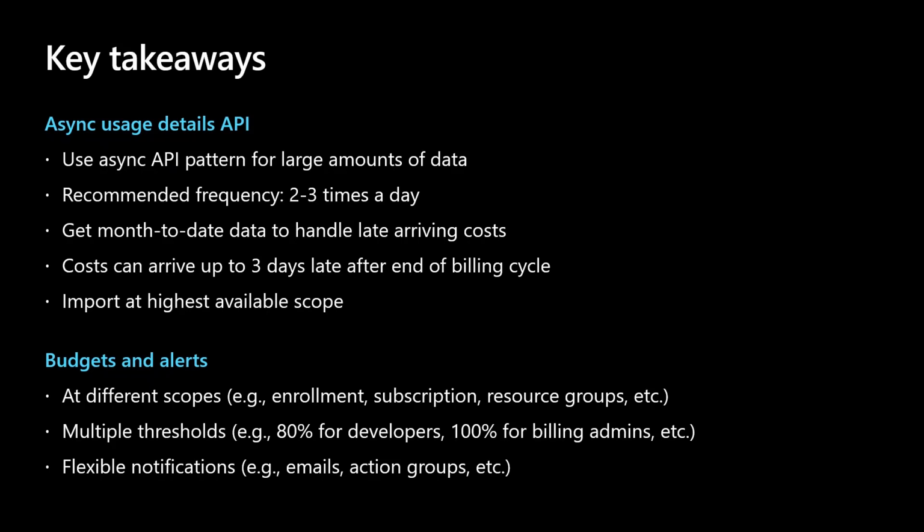Next, please note that usage can arrive up to 3 days after the last day of billing cycle. Hence, we recommend you to pull the snapshot till 5th of the month for data completeness. Overall, the usage details API in combination with budgets API form a powerful API set in visualizing, monitoring, and managing your costs.